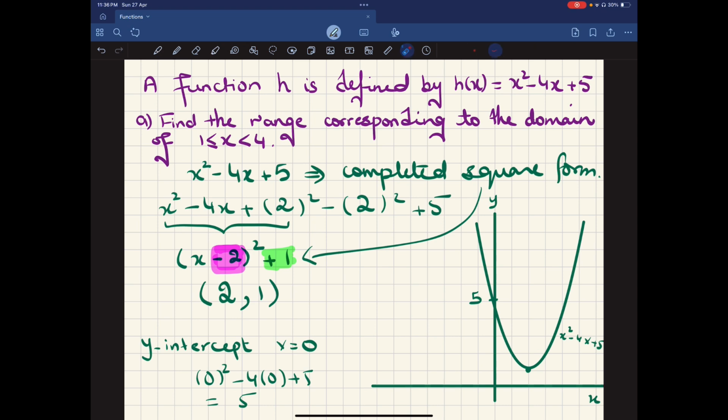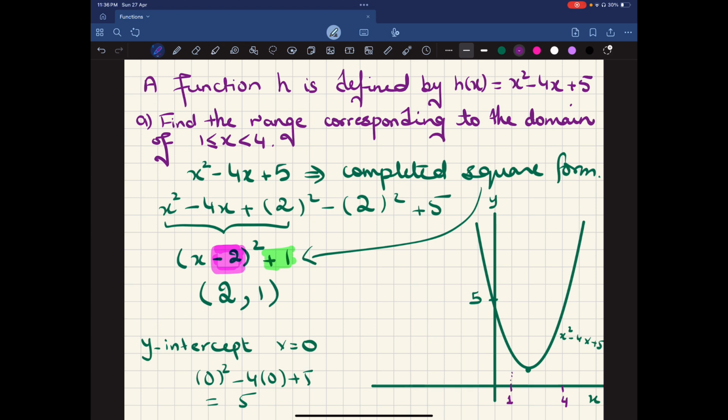Now the question says that we need to find the range, so we need to find the set of y values corresponding to the domain x greater than or equal to 1 and less than 4. So what are the x values? 1 is included and 4 is not included.